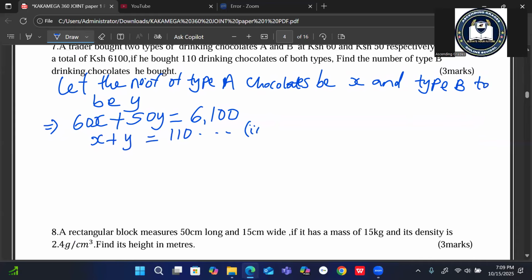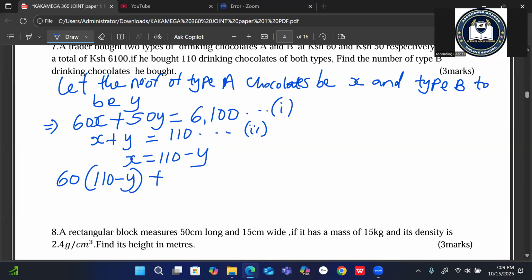Let's call this one equation 2, this one equation 1. From equation 2, we make X subject of the formula, so X will be 110 minus Y. We substitute it in the first equation, which is 60X, and our X is 110 minus Y, plus 50Y should give you 6,100.